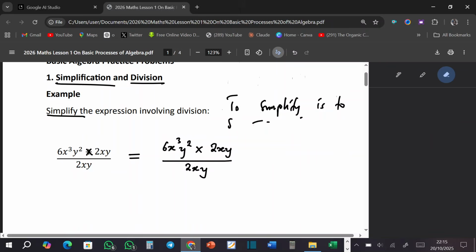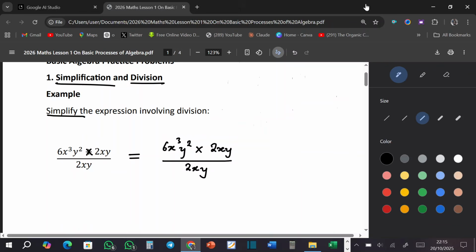So this expression here has two things on it, which qualifies it to be a division and multiplication. So it has this part which is a multiplication. Multiplication means times. Then we have this line.